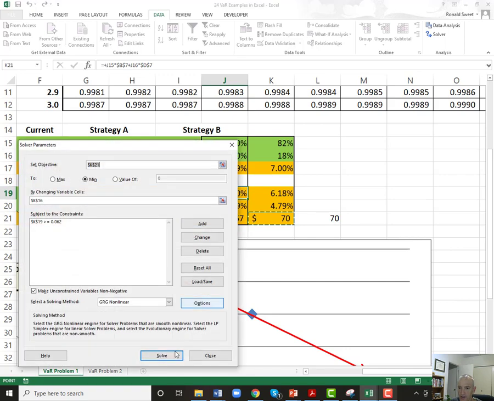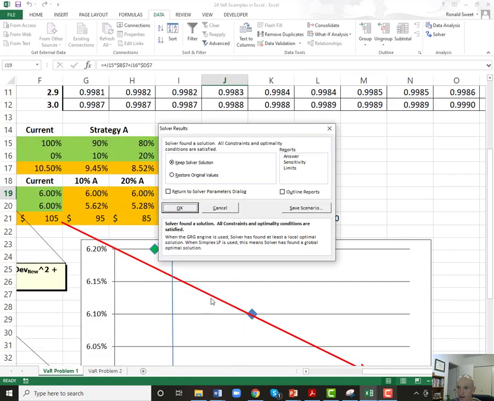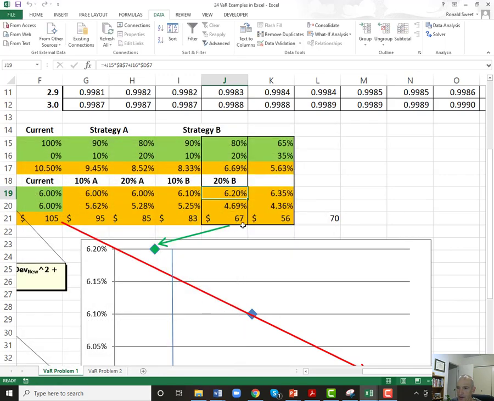I never know where this is going, but let's just try it. We found the solution. So look at there. If we put 35% in B, we get a very, very low value at risk, and we get a 6.35% return. So why in the world wouldn't you do this? That's a much better answer, isn't it? My word, you have much higher return.